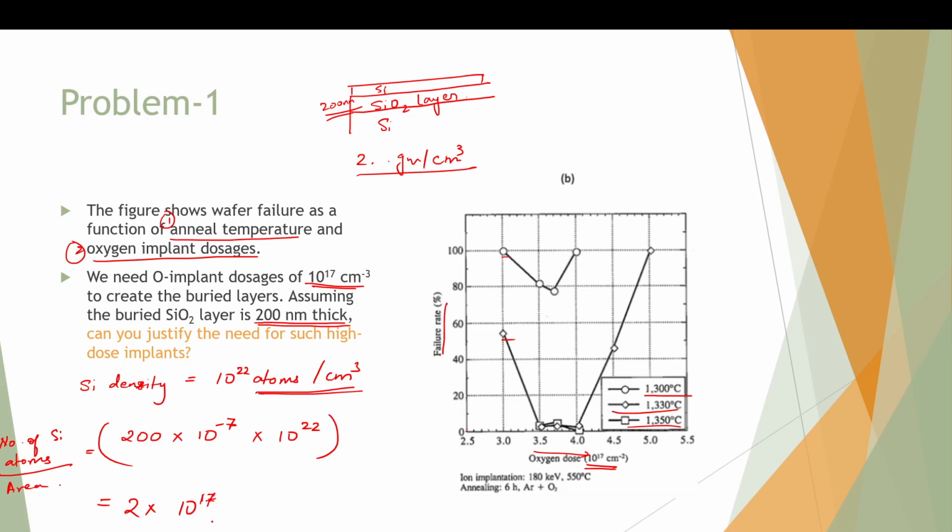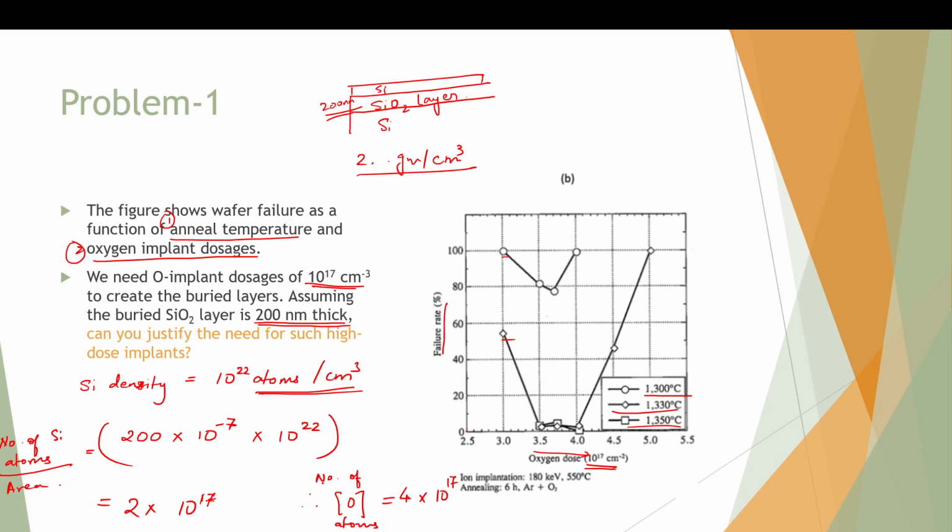Right. So that will be 2 into 10 power 17. So if these are the number of silicon atoms, how many will be oxygen atoms? Therefore, the number of oxygen atoms will be equal to 4 into 10 power 17.